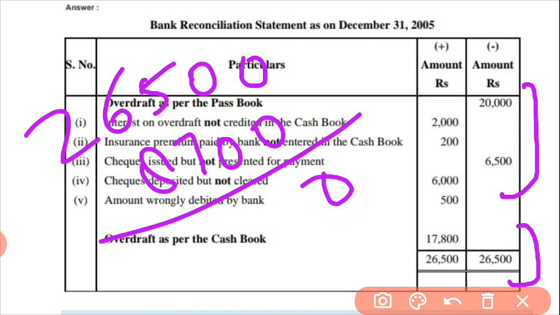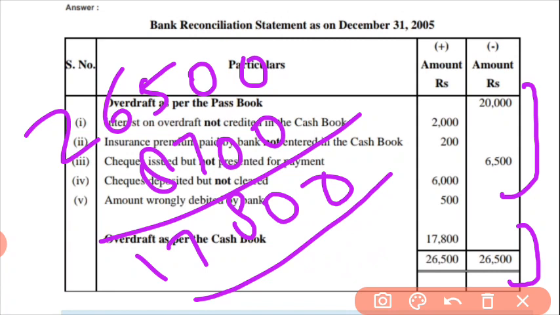Now we will subtract it: 15 minus 7, 8, and here we will get 17,800. This is credit and this is debit. The balance we have got is the credit balance, students.